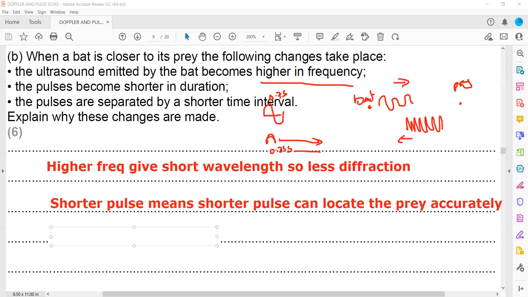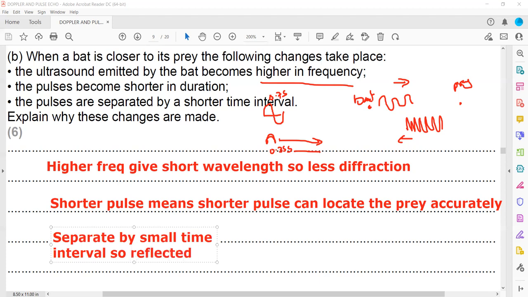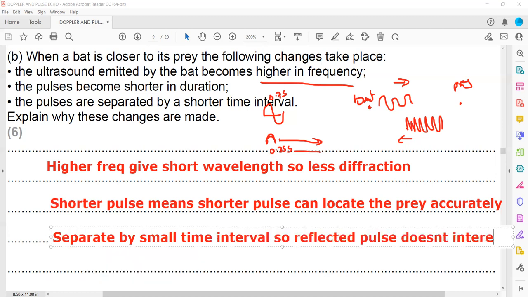So that the reflected pulse does not interfere, combine or mix with the transmitted pulse.